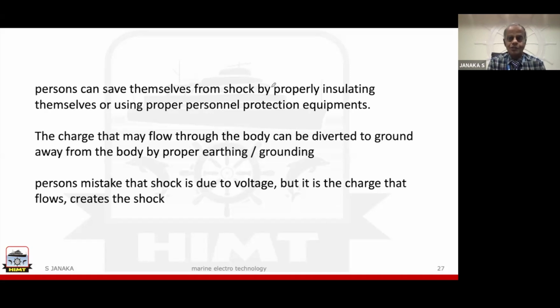There are some youngsters in the age group of 21 to 25 who don't even get a shock with a 440-volt AC supply. So it all depends on the person. Of course, voltage is a criterion in the sense that the charge flow depends upon the voltage. High voltage, with resistance remaining constant, means the charge may be higher compared to low voltage systems.